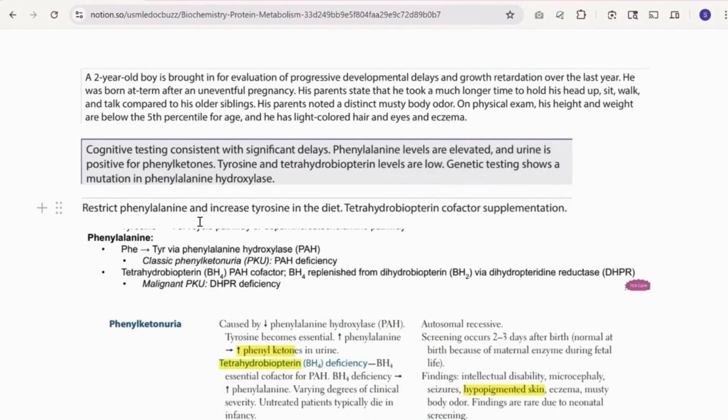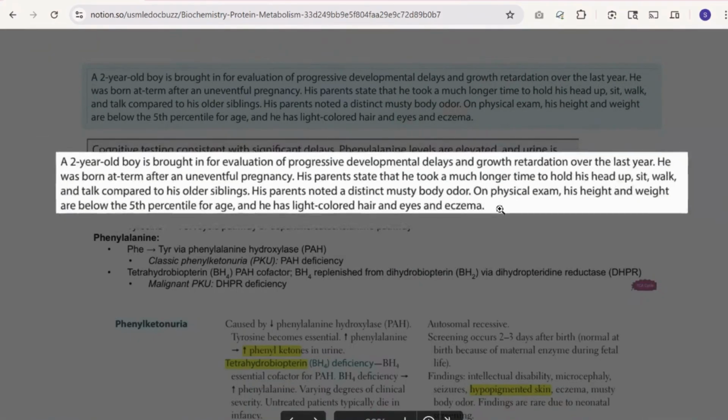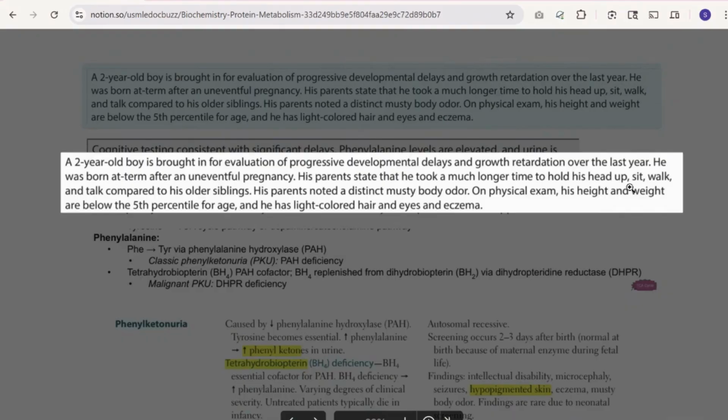So let's just understand what's going on here. You see, a 2-year-old boy, growth retardation over the last year, born after an uneventful pregnancy. Now, his parents state that it's taking much longer to hold his head up, sit, walk, and talk compared to his older siblings. So, developmental delay. Musty body odor noticed, and then his height and weight are very low percentile, right?